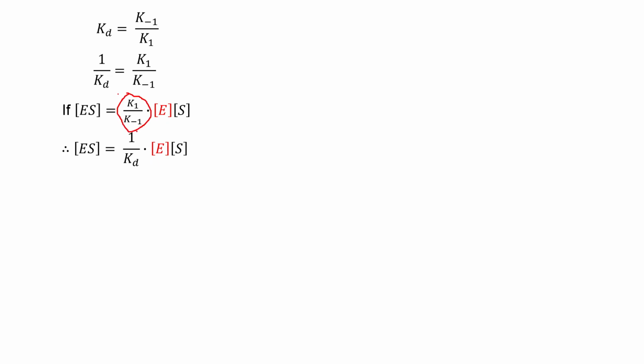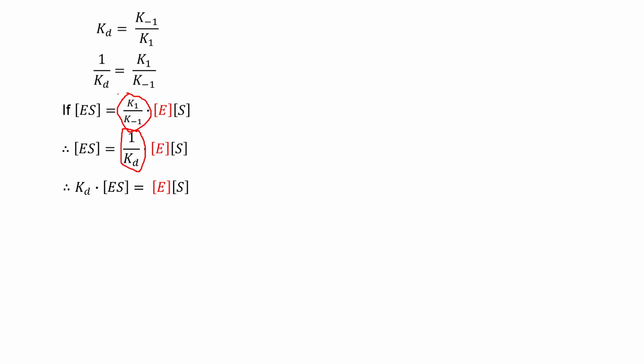Now, when we do that, we can multiply both sides by Kd, and you're left with Kd multiplied by ES equal to E multiplied by S.